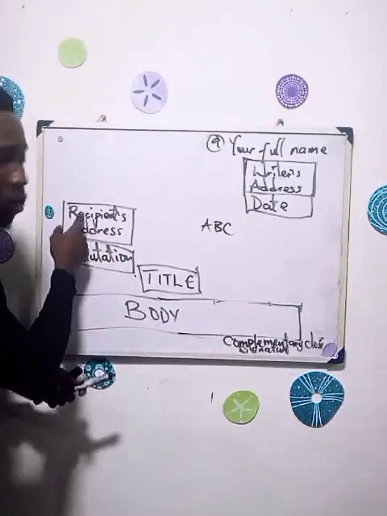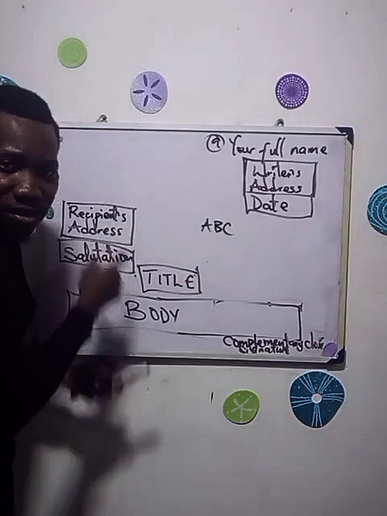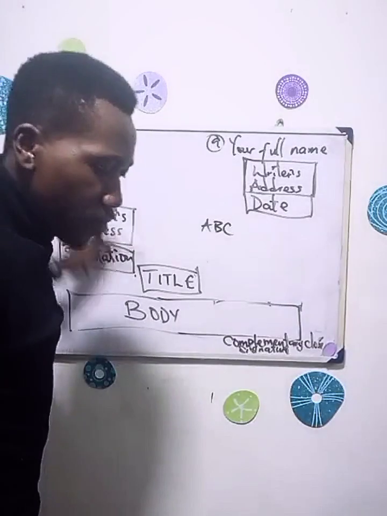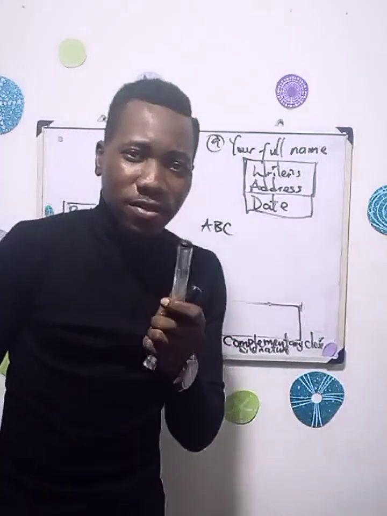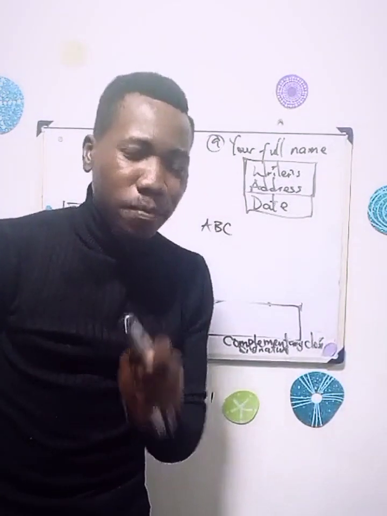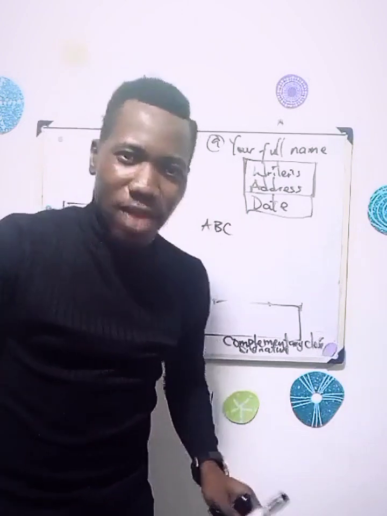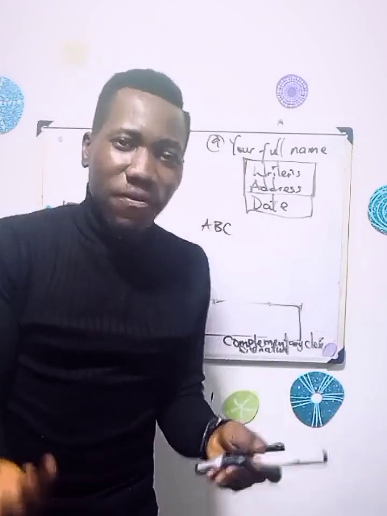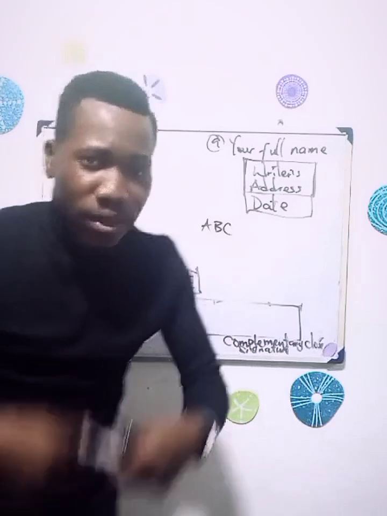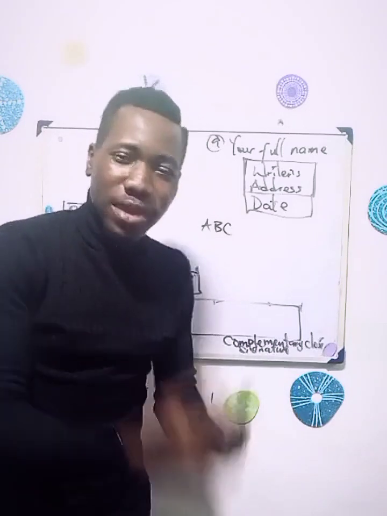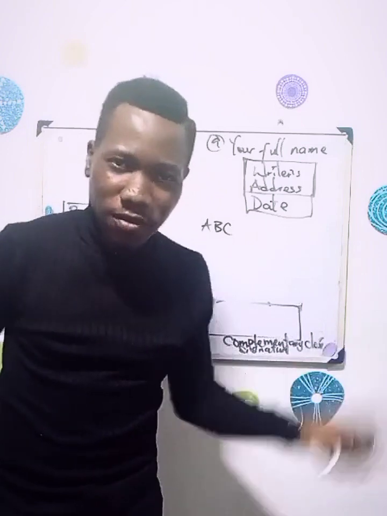Another thing, when you're writing the recipient's address, it is also important that you write the job title of the exact person you want to see the letter. If you just write ABC company and the address, once the letter gets there, it goes to the secretary's table, who opens it because it's not addressed to anybody, and then directs it to whoever it may concern.